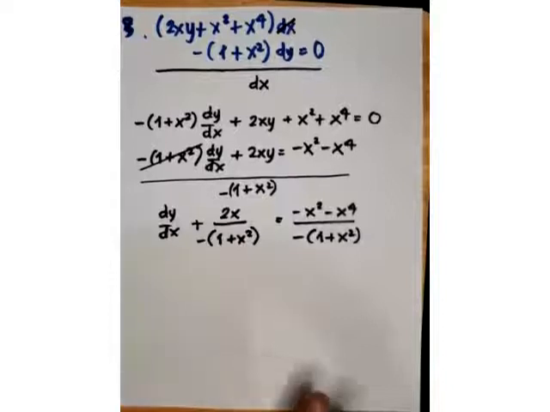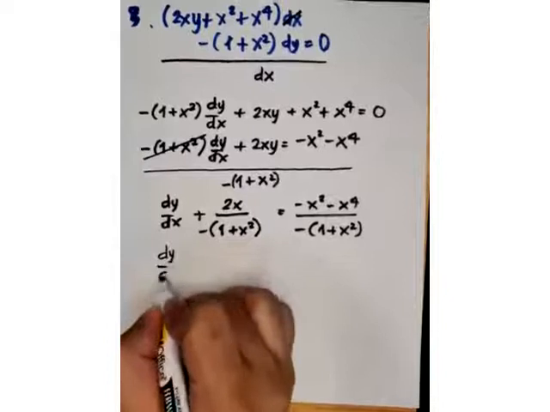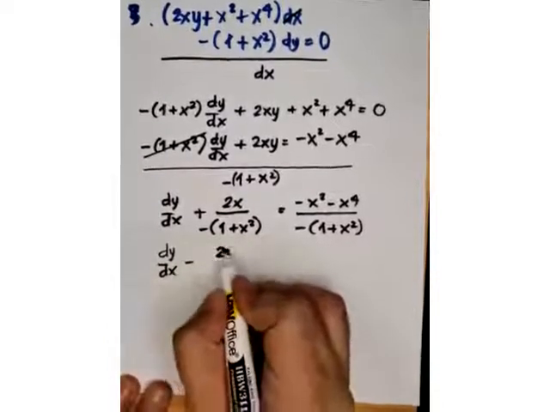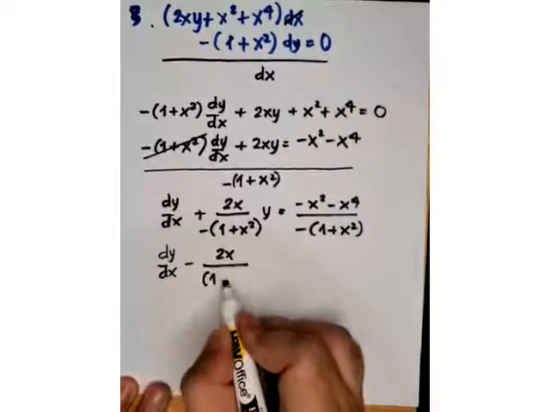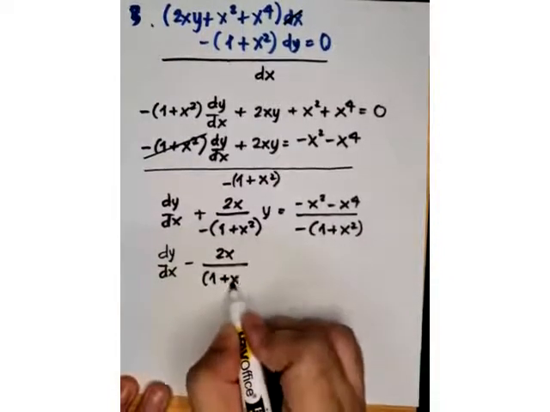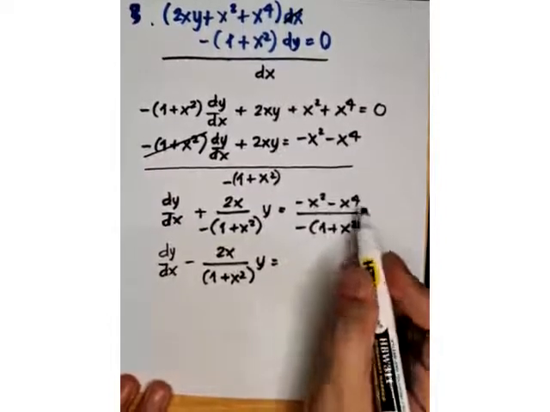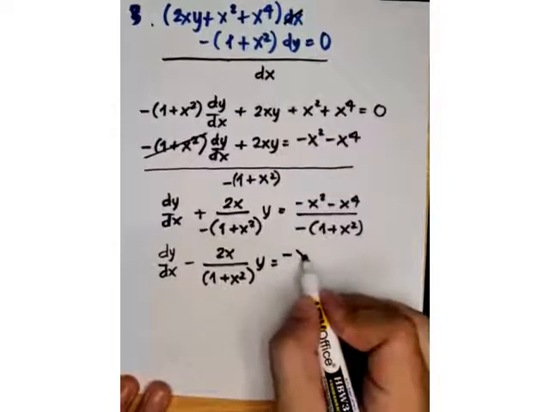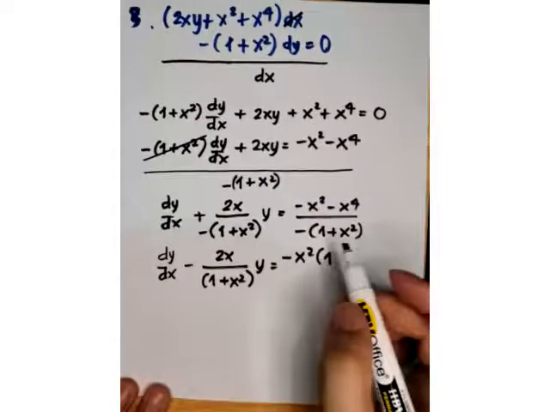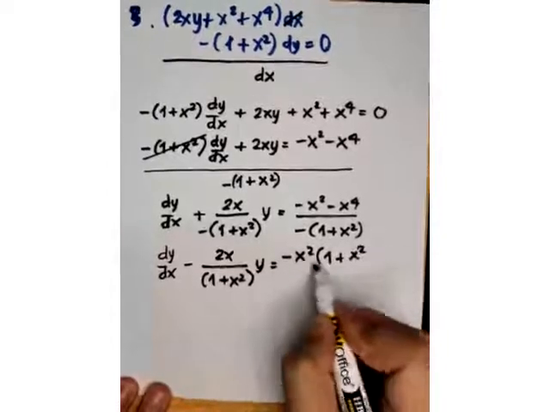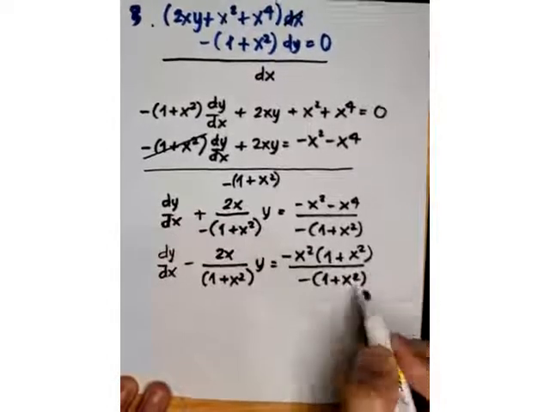Ayan. Can we simplify some things? Okay, so let's try to simplify. So dy over dx minus 2x over 1 plus x squared times y is equal to, so we can factor out x squared. So negative x squared times, ito divided by ito, so that's 1. This divided by this plus x squared all over negative 1 plus x squared.